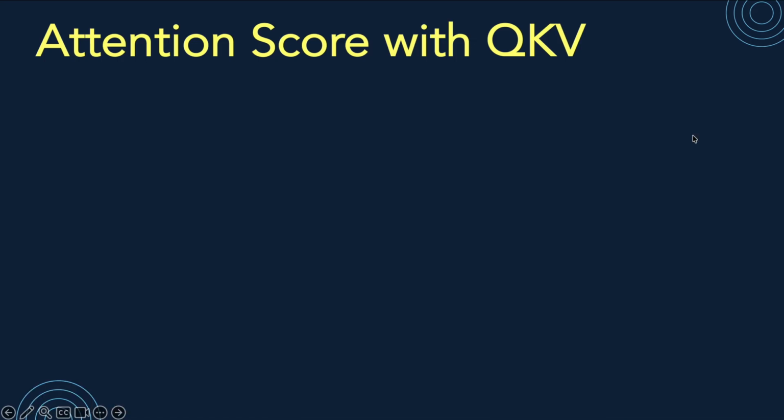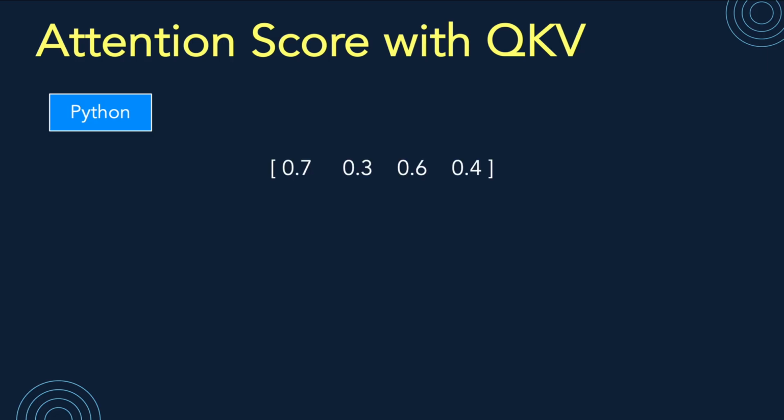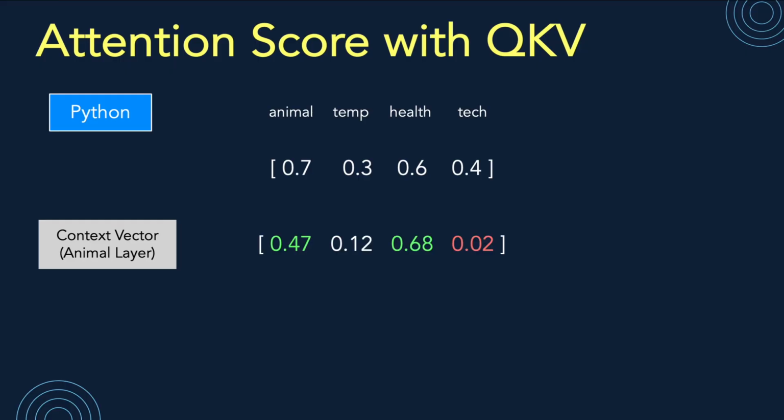So let's try to do a comparison. We have found out the context vector of the word Python using self-attention in the animal layer and in the technology layer. This is the word vector and it has 4 dimensions. The first one talks about the animal property. The second one talks about the temperature property, then health property and tech property. The context vector of the animal layer was this.